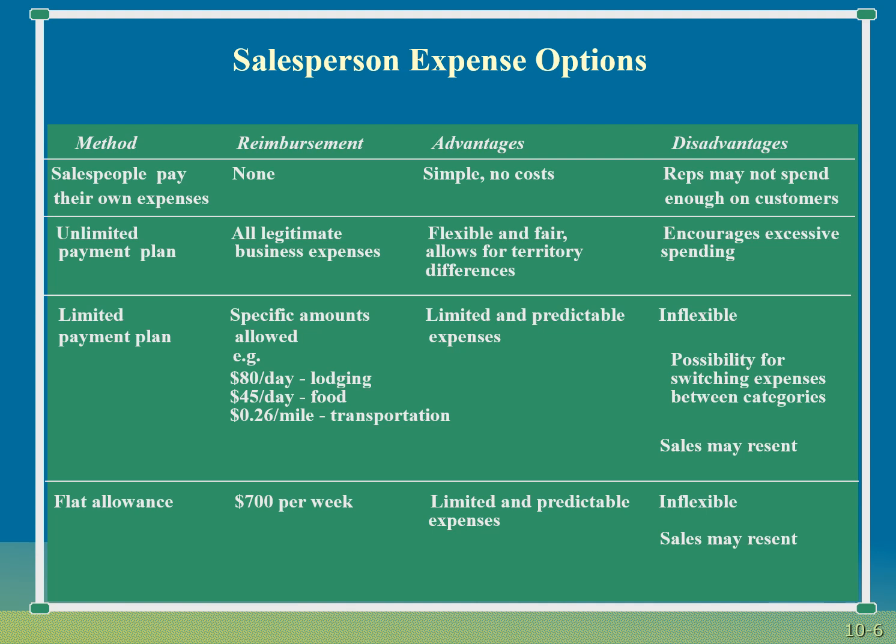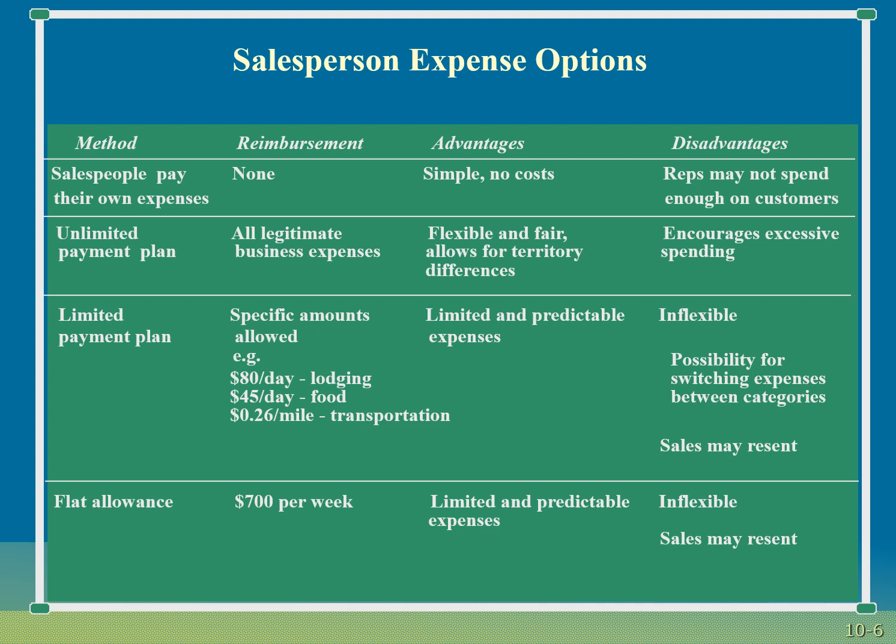Some companies may use an unlimited payment plan. That is, all legitimate business expenses are paid for, reimbursed, by the company. The advantage of that is it's flexible and fair, and allows for territory differences.